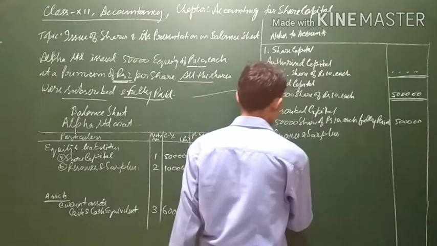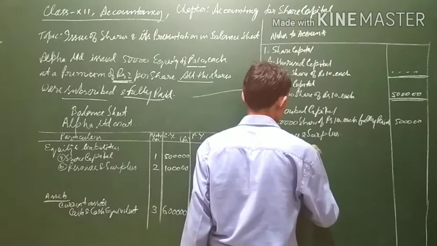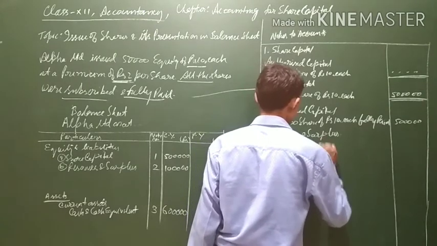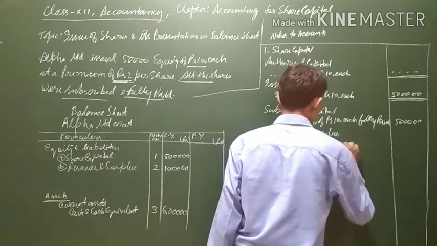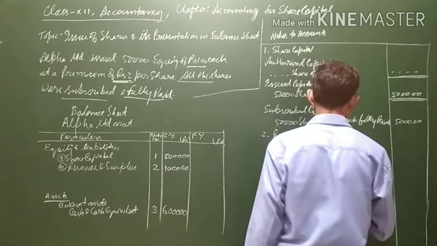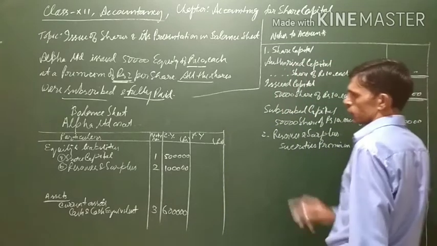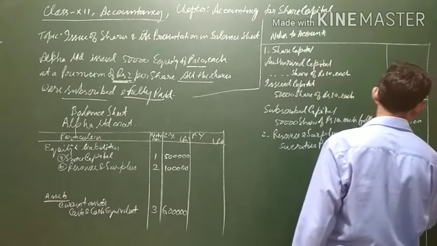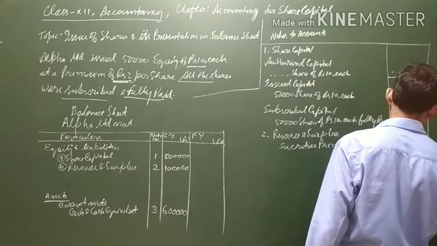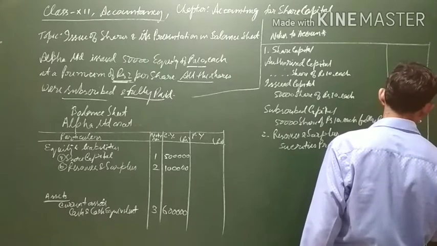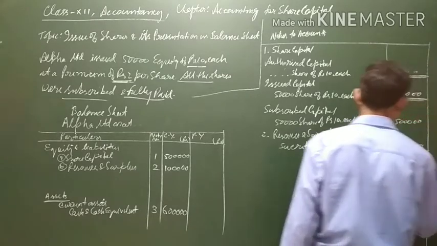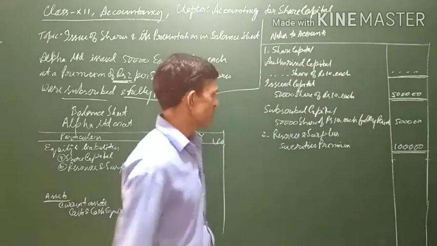So here we will write securities premium reserve. Securities premium is 1 lakh. Total, we can write here the total of this. It is not important, but you can write the total also. This is reserve and surplus.